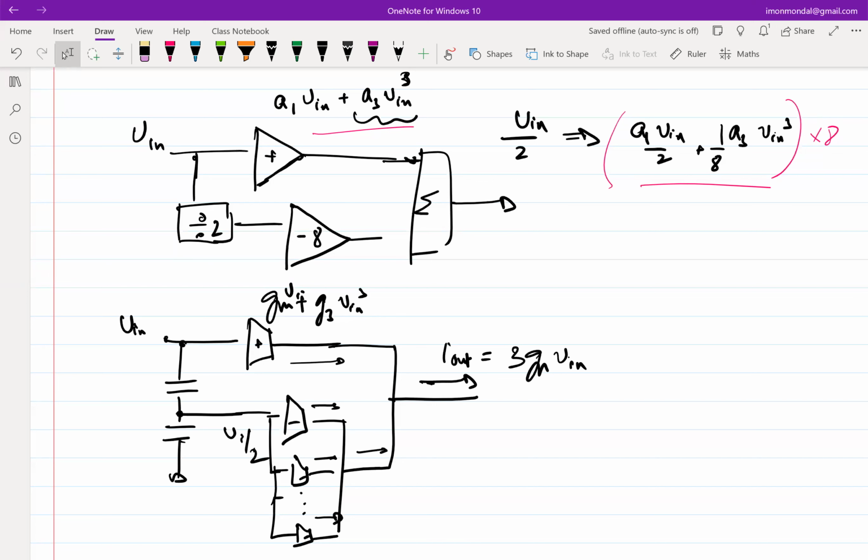The second problem is I have limited this discussion to only third order nonlinearity. That did not necessarily be the case. In fact, that's never the case because you cannot really choose a device and say that I want only third order from you. It is going to give you fifth, sixth, everything. If you assume you have a fifth order nonlinearity, clearly this is not going to cancel out the fifth order.